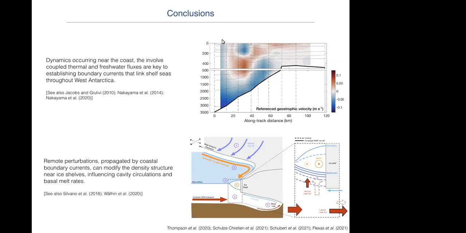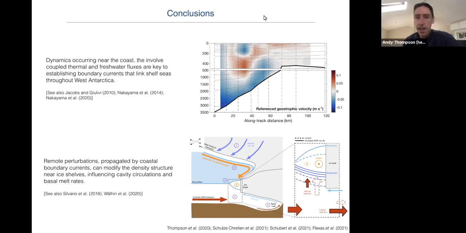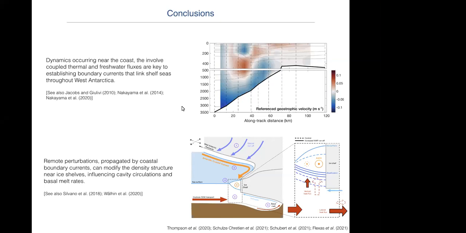Sure. Fantastic talk, Andrew. Thanks a lot for it. So my first question was about the depths at which the meltwater comes out. So it's about, you don't observe it anywhere deeper than the ice shelf draft.